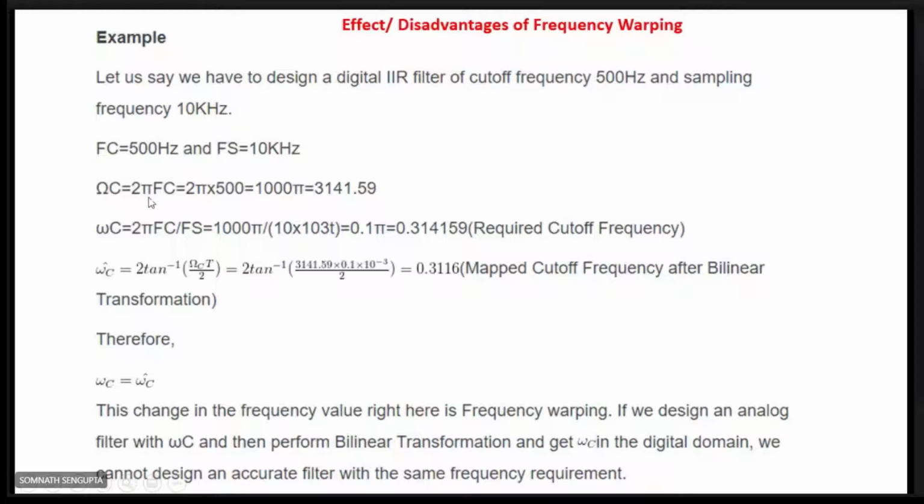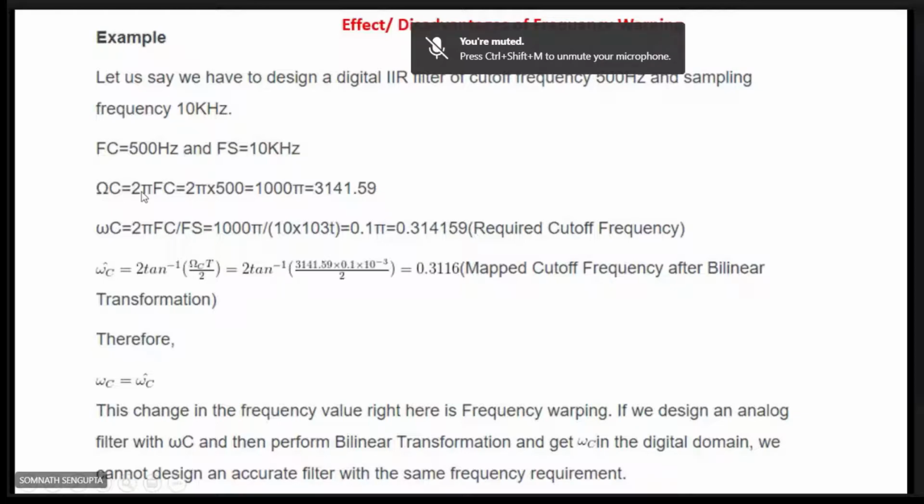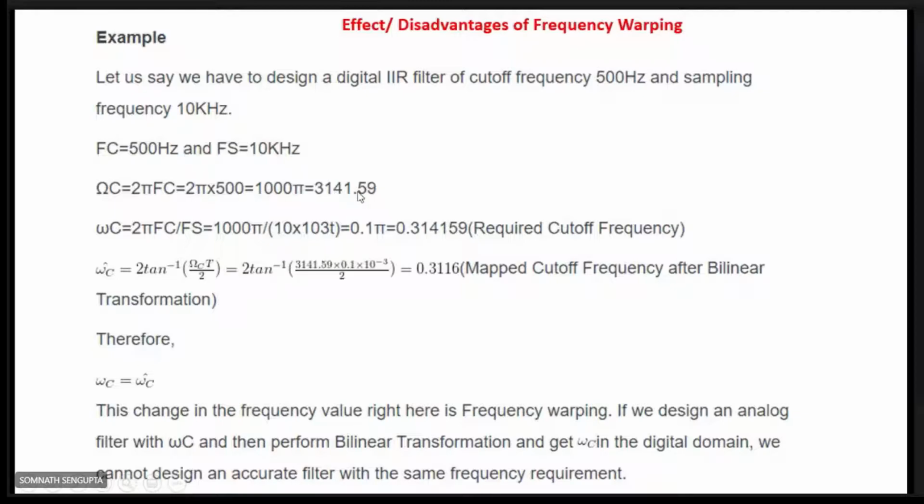So capital omega C is 2 pi into FC, so 2 pi into 500, which becomes 3141.59.